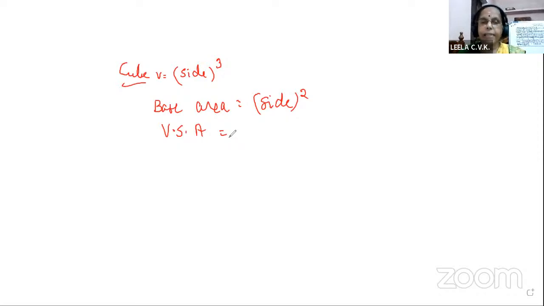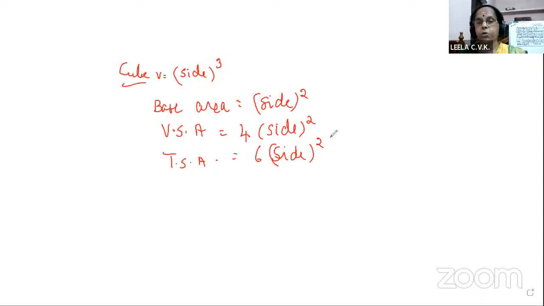So the vertical surface area will be 4 into side square. Now, what about total surface area? It is 4 side square plus base and top. Together, how many areas are there? 6 into side square.